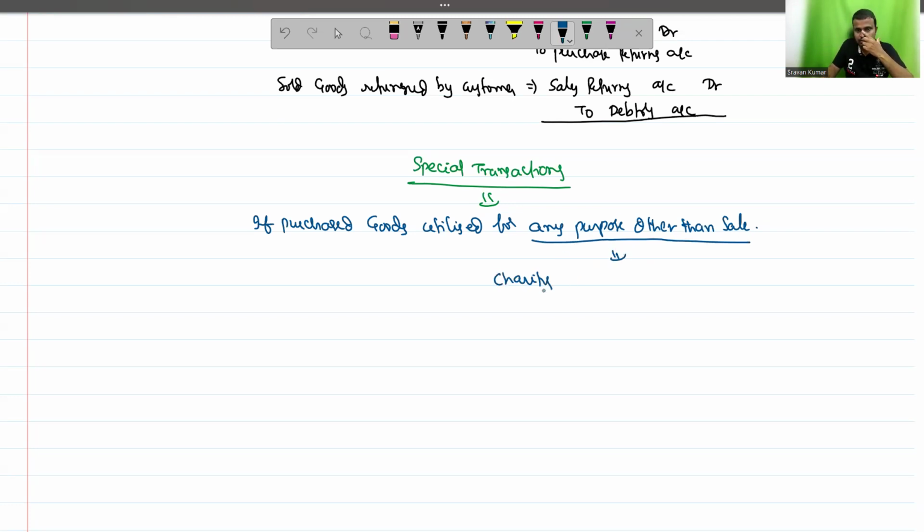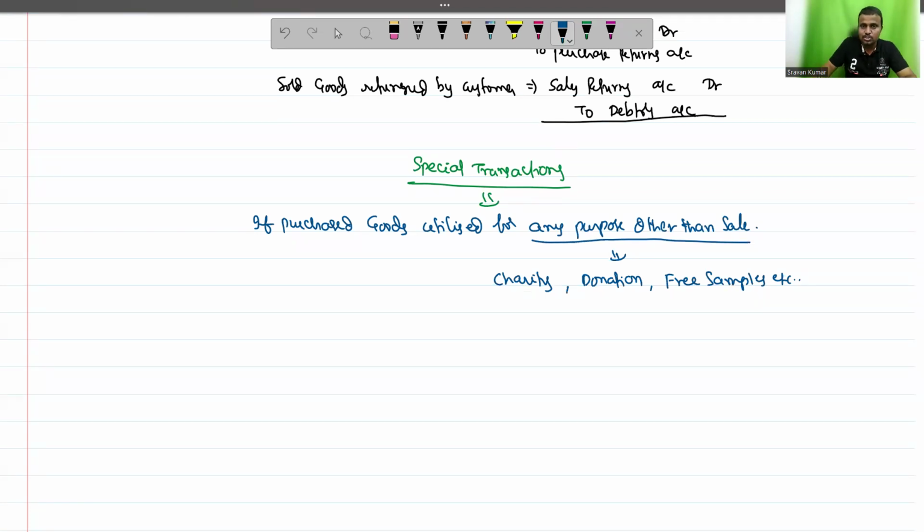If the goods are issued for charity purpose, or for donation purpose, or as free samples, etc. In this way, if the purchased goods are utilized for any purpose other than sale, then those goods cannot be continued as purchases, and those transactions cannot be recorded as a sale, because the goods go out of the business when we are utilizing them. Then in that case, don't use the word sales account, because we are not selling the product, we are utilizing the goods for another purpose other than sale.